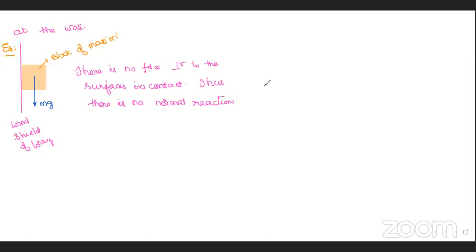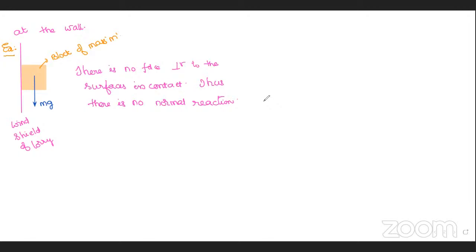That's why in offline classes also, to rub the board, the master holds the duster in hand and presses the duster on the board, normal to the board. Then only normal reaction will be generated. Then only he can rub the board.